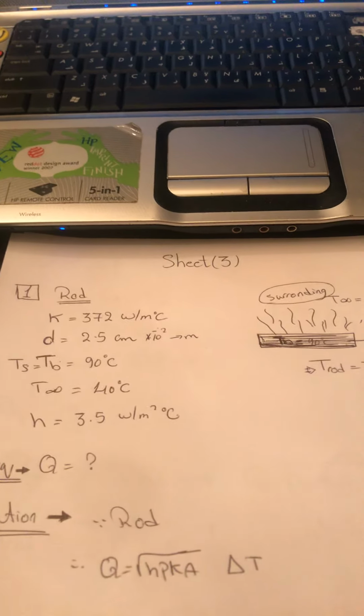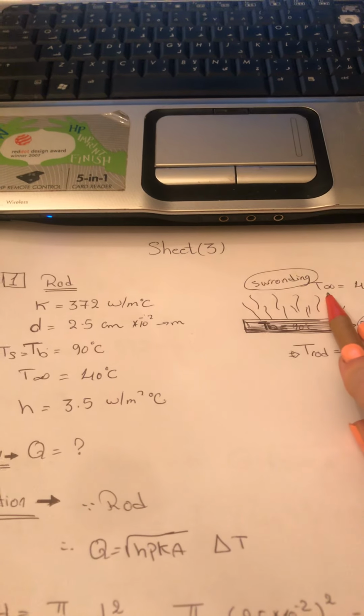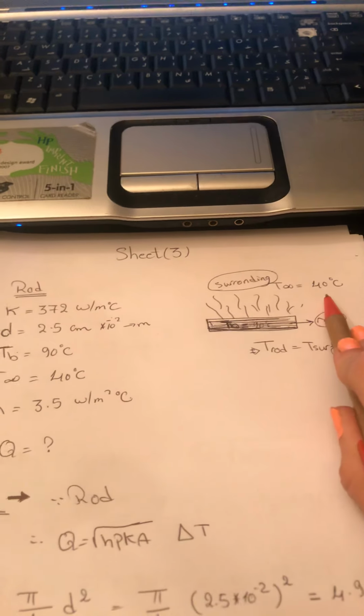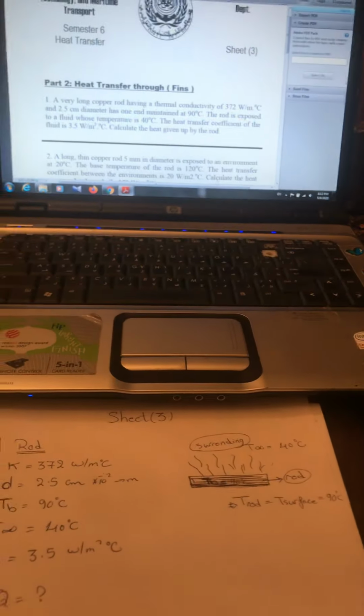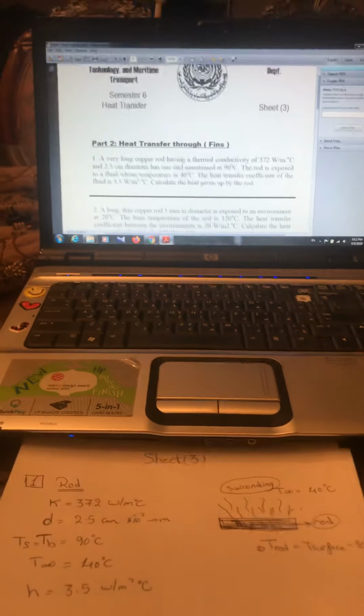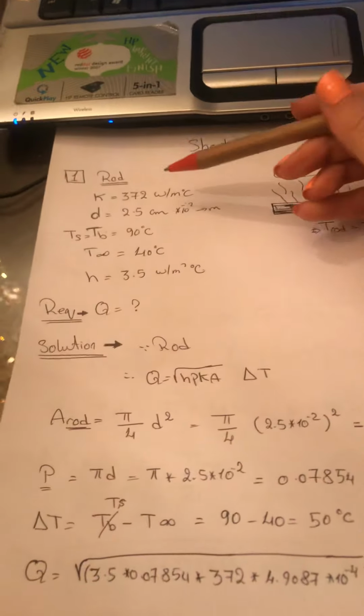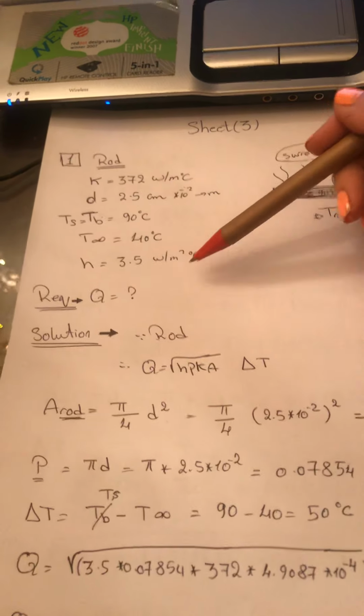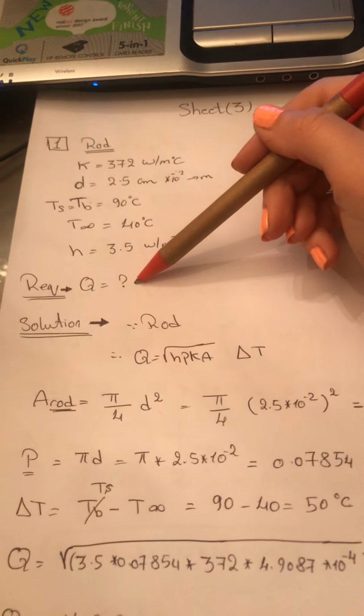Okay, temperature is 40. Therefore, T infinity will be 40 degrees. The heat transfer coefficient is equal to 3.5. Calculate the heat given up by the rod. So we write down the givens, and the required is the Q, heat transfer.